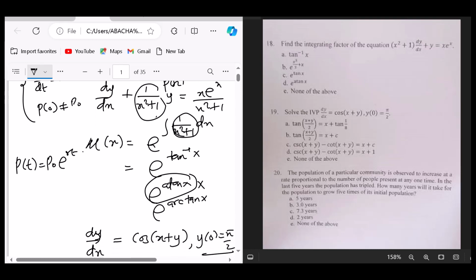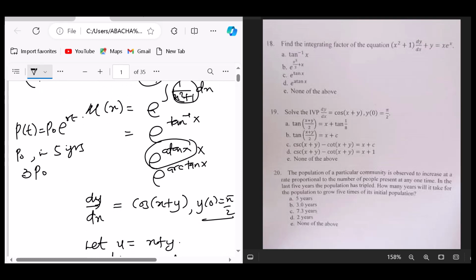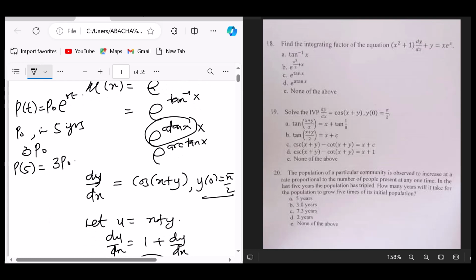It means P naught, in 5 years time, will become 3 P naught. It has tripled. That's just the meaning. So we have P of 5 equals 3 P naught.